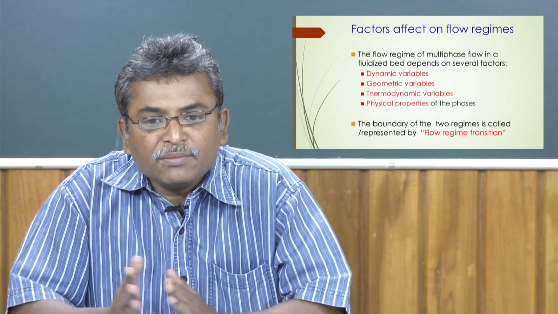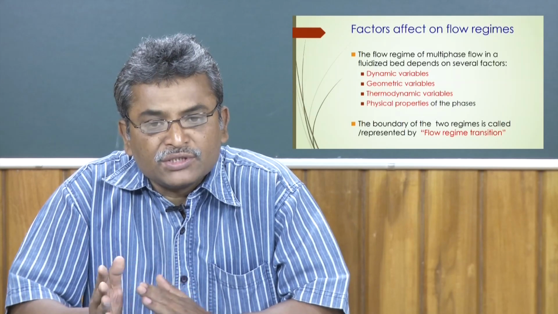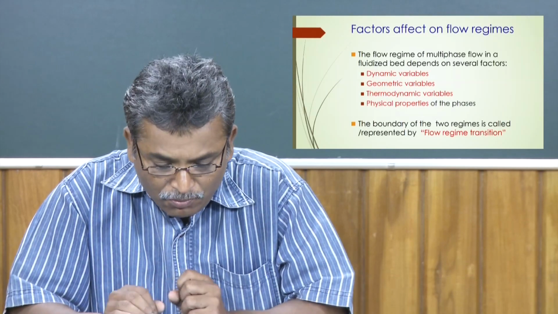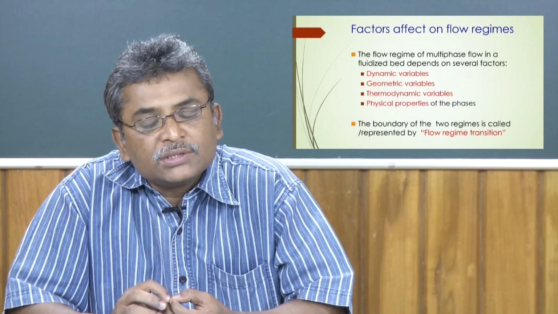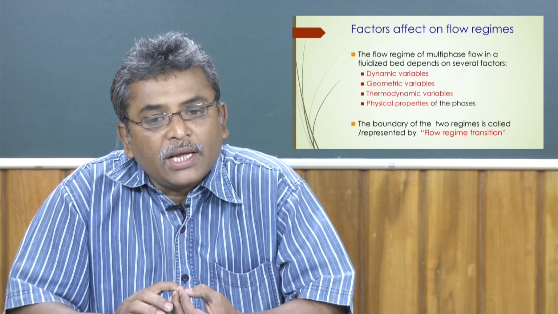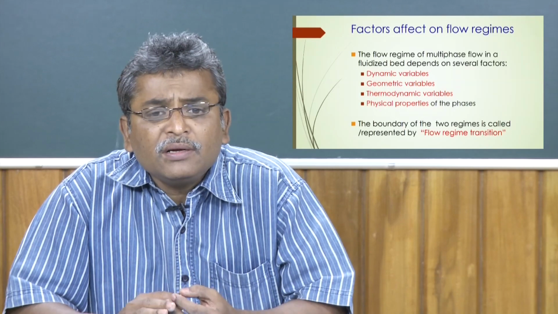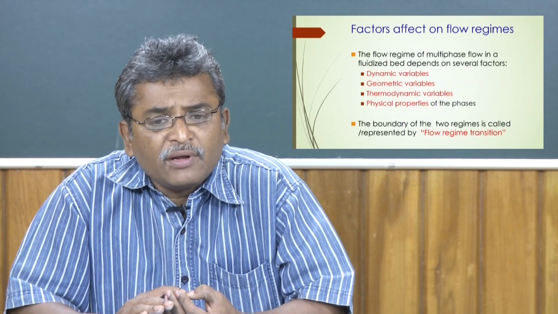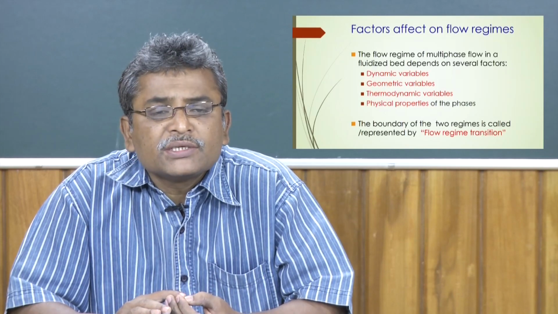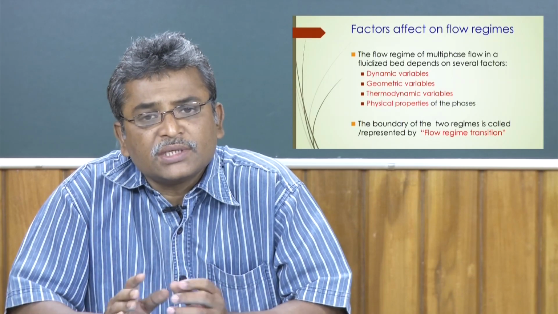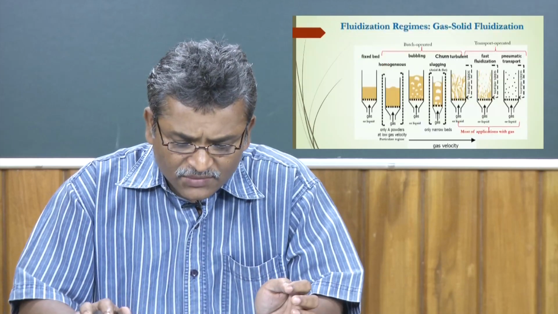So, that transition point is called flow regime transition. That is also very important in this case. You have to know in which flow regime this fluidization operation is actually being carried out. In different flow regimes, you will get different behavior, different applications, different hydrodynamic characteristics, and different mass transfer characteristics inside the bed.